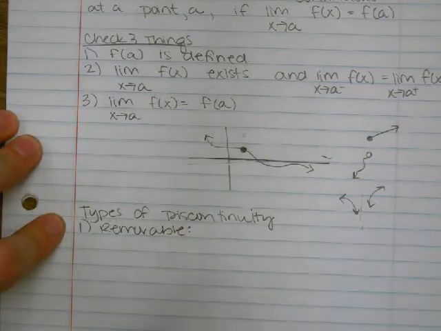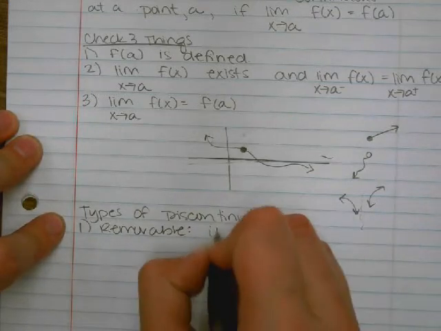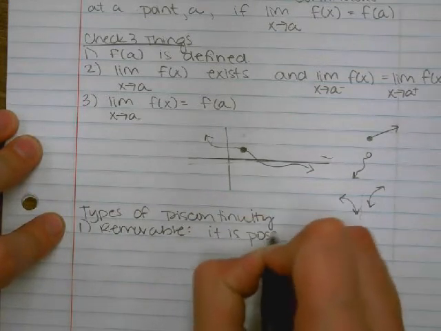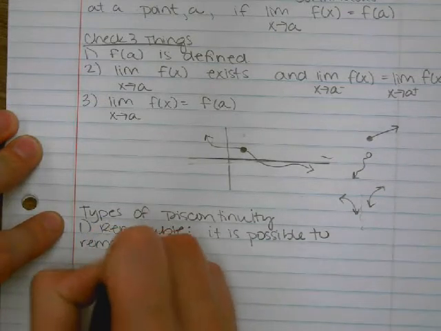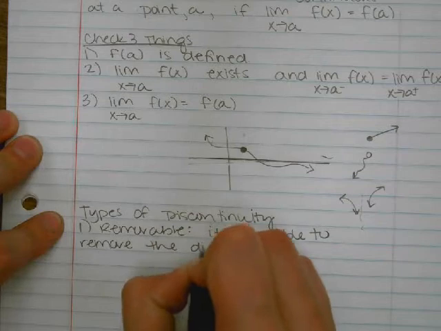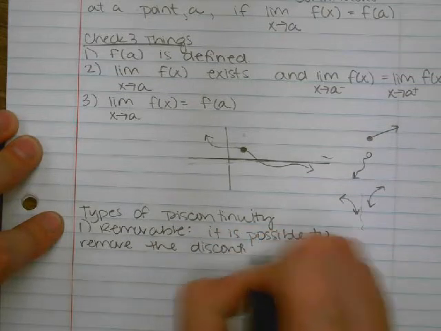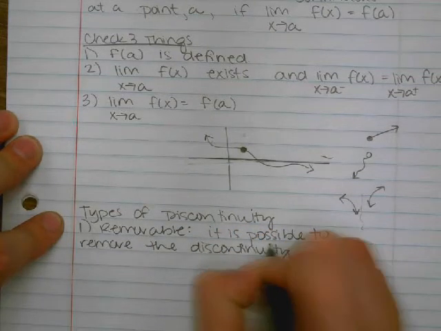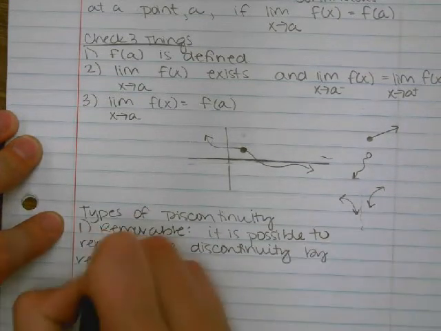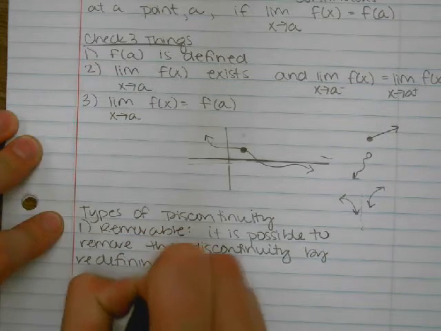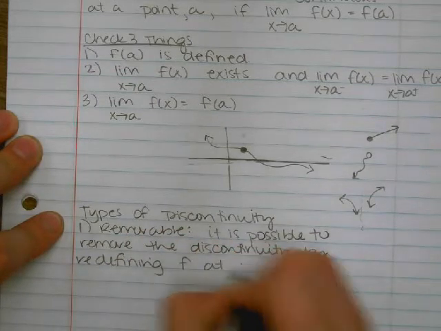And a removable discontinuity says that it is possible to remove the discontinuity by redefining f at just that single point.